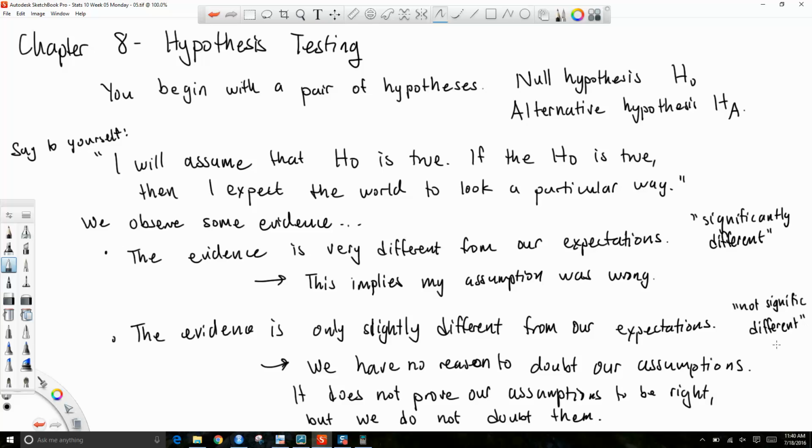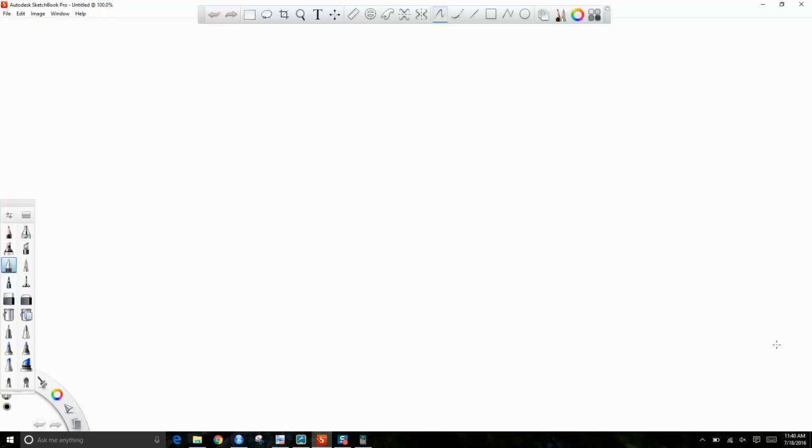Okay, so to decide that, we have to know how much variation there is. And that comes from our understanding of sampling distributions. Okay, so let's apply this concept to hypothesis testing for a proportion.